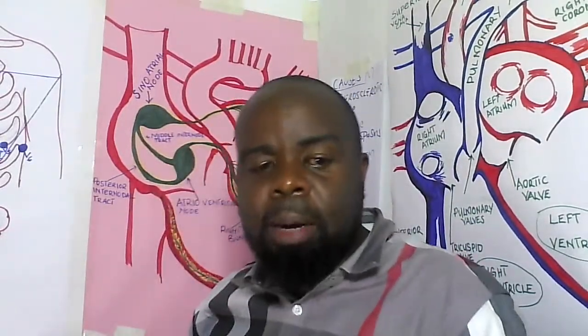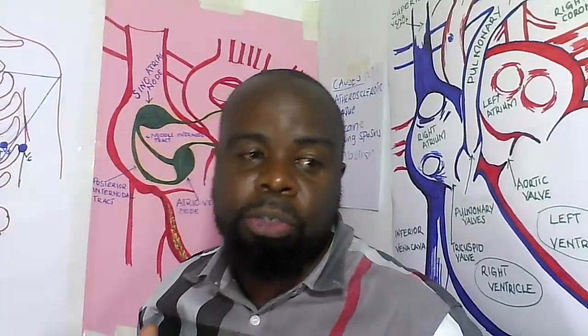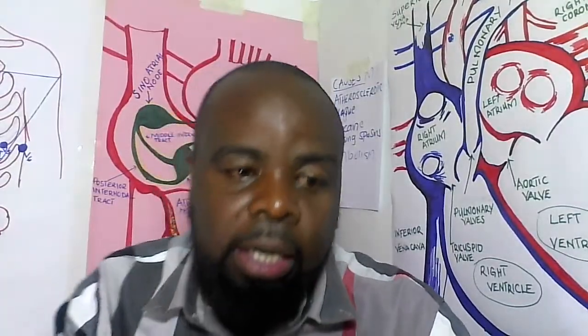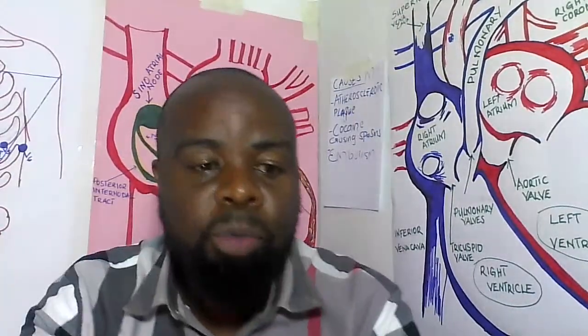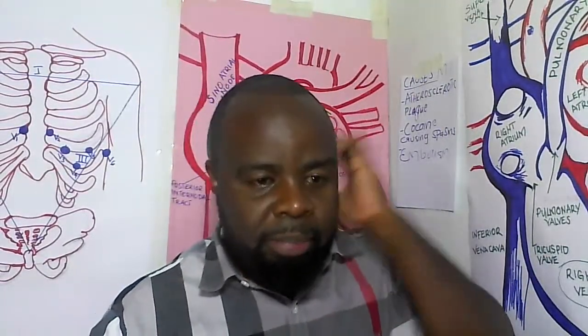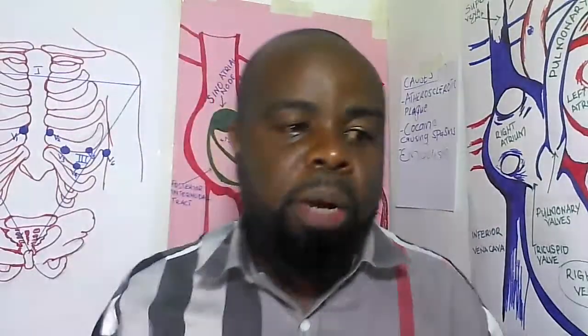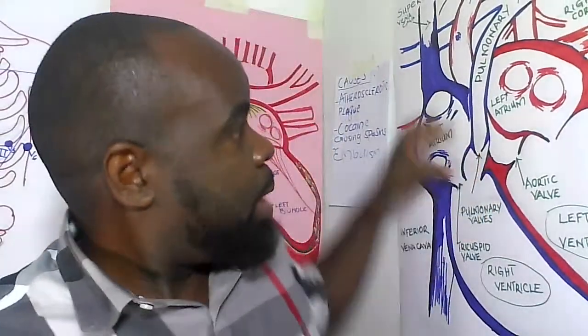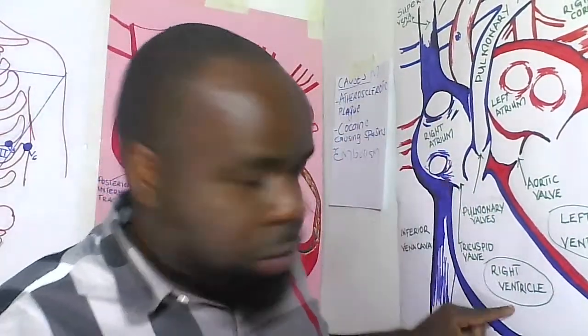There are some terms we need to learn about these electric impulses. Let me explain something. When your heart is contracting, you remember when I was talking about this heart, blood comes here and then it drops here.